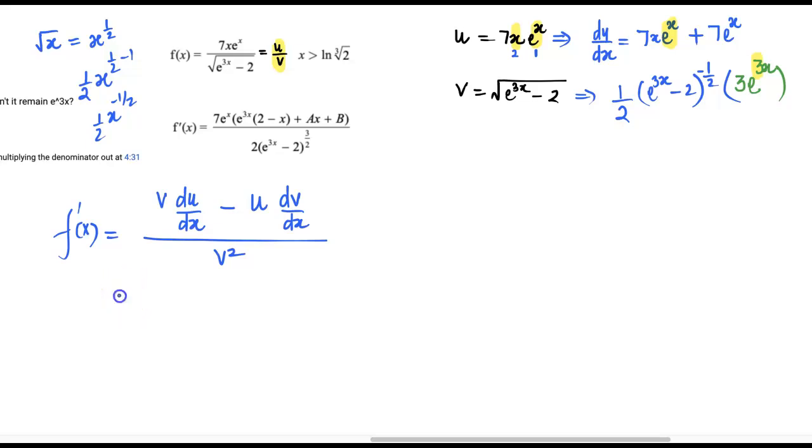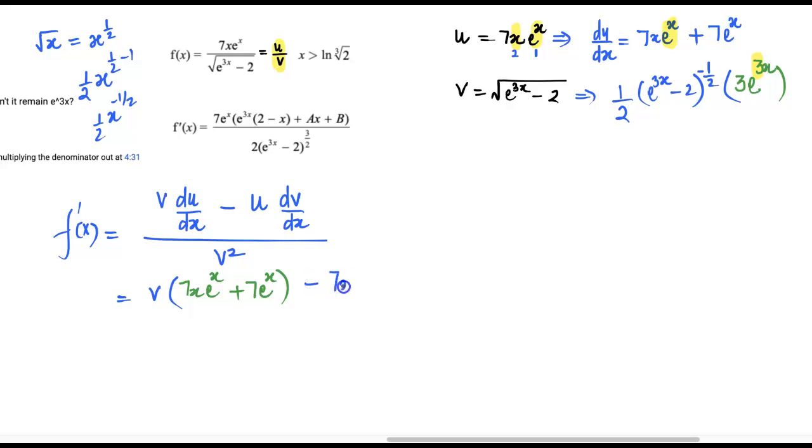So v is as it is. Let's take du over dx here. So du over dx is 7x e to the power x plus 7 e to the power x. Now minus, we have to copy u.